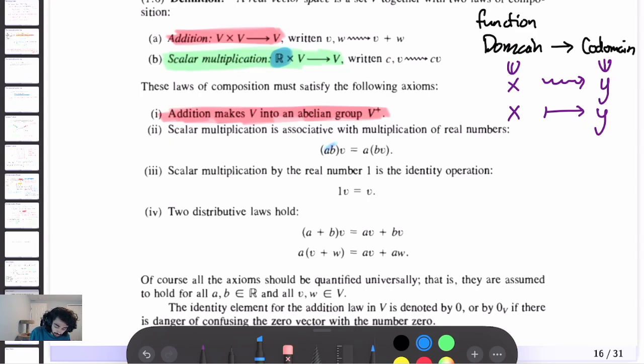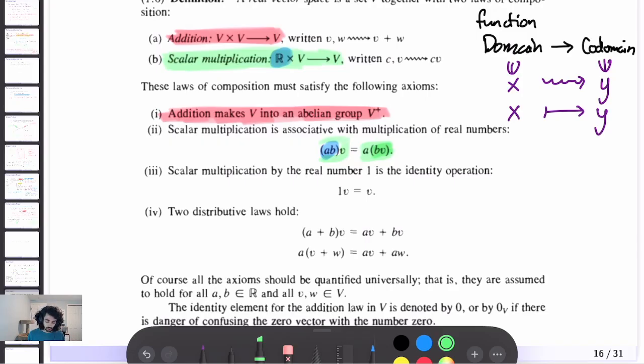For instance, we can multiply two real numbers together. Sorry, that was very badly phrased. Let me try that again.